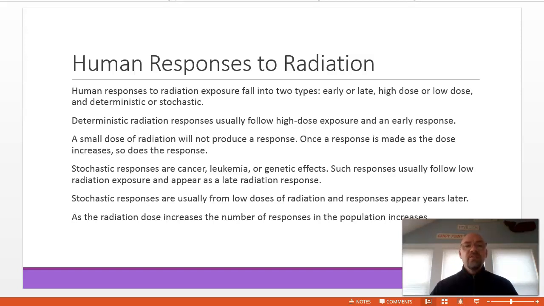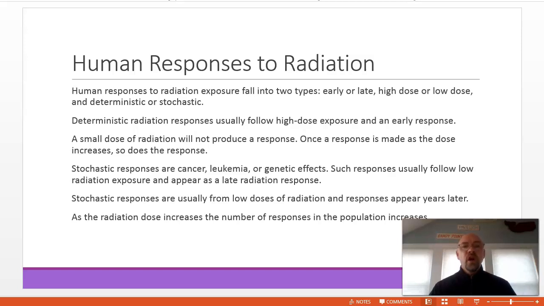Now, stochastic responses such as a cancer, leukemia, any type of genetic effect, are usually studied or followed with a low dose of radiation exposure, and it's usually a late response to radiation. So deterministic is high dose and early response. Stochastic is usually a low dose with a late response.